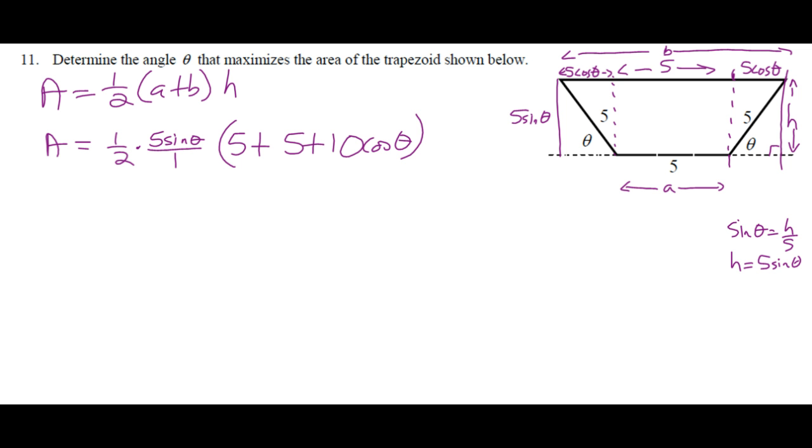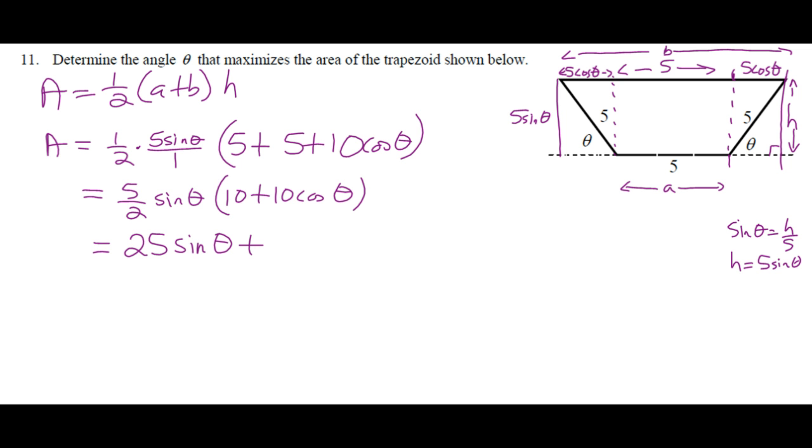All right, so we got 5/2 sine theta and 10 plus 10 cos theta. And if we multiply that in, 2 goes into that 5, we'll get 25 sine theta plus 25 sine theta cos theta.